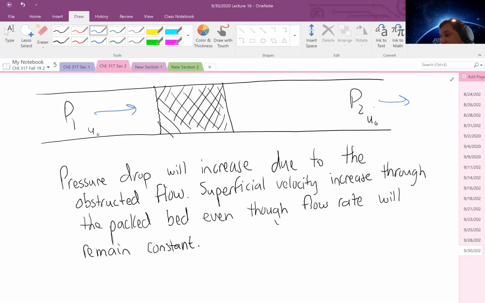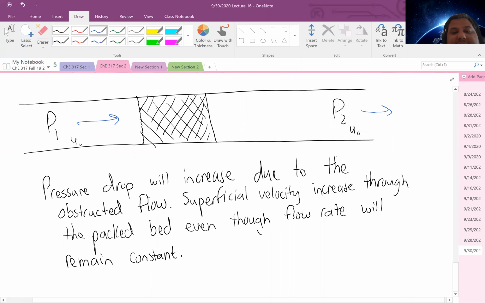As it moves through the packed bed, the presence of the bed itself causes the velocity of the fluid as it moves through to be greater than the velocity of the fluid outside of the packed bed. And this results with greater kinetic energy losses, frictional dissipation, and as we originally stated, an increase in our expected pressure drop.